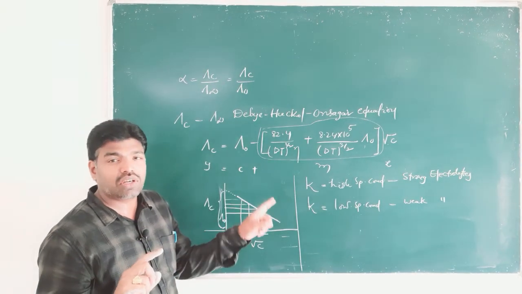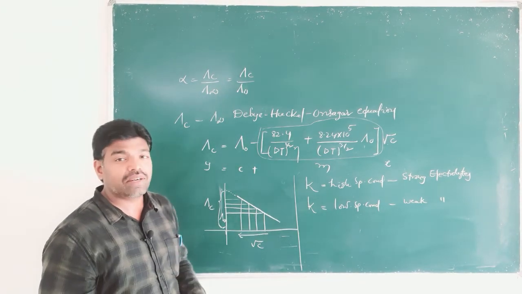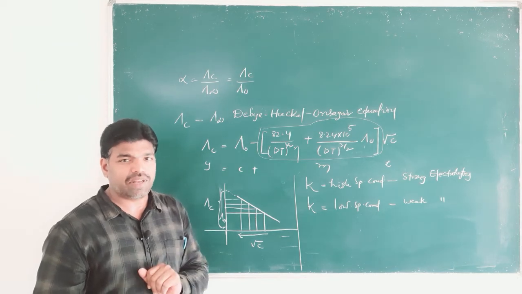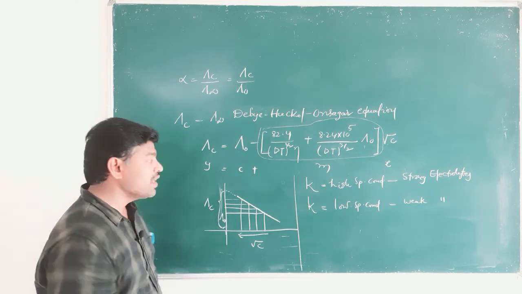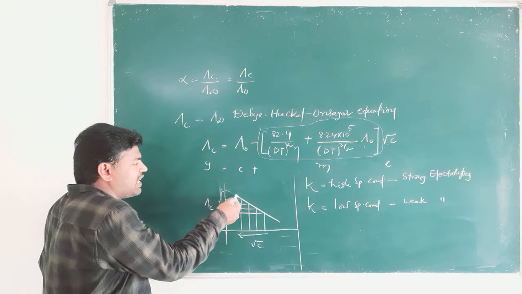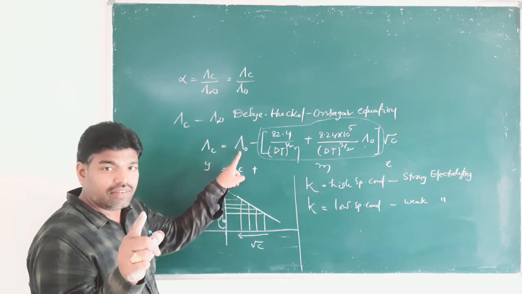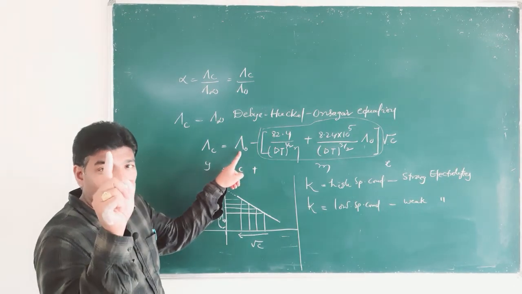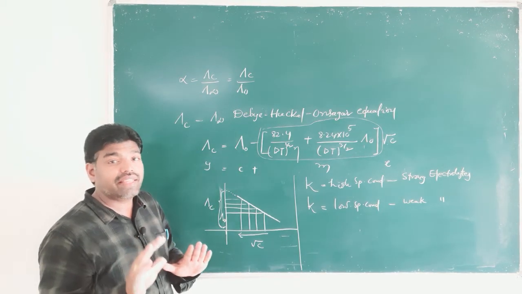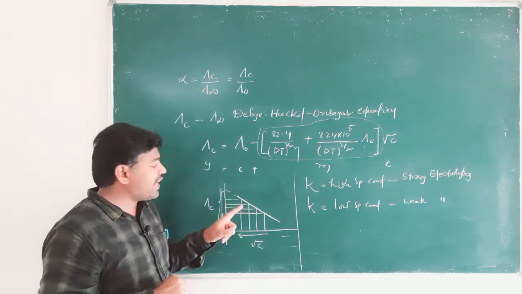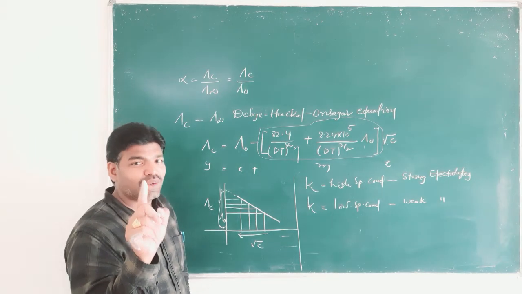Strong electrolytes are the electrolytes where complete dissociation takes place, whereas in weak electrolytes complete dissociation does not take place; partial ionization or partial dissociation takes place. So by extrapolating the straight line up to 0 concentration, we can get the lambda naught value for strong electrolytes only, not for weak electrolytes.